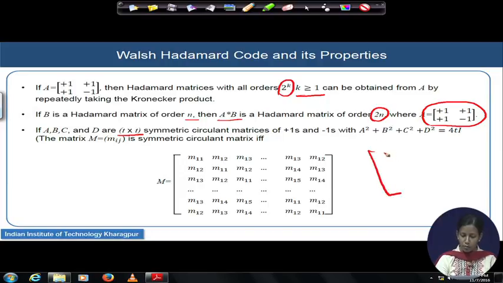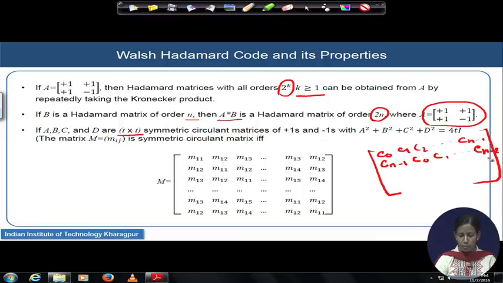Suppose you have elements c0, c1, c2, and so on up to c_{n-1} in the first row. For it to be a circulant matrix, in the next row you should see c_{n-1} here, c0 here, c1 here, and so on, ending with c_{n-2}.